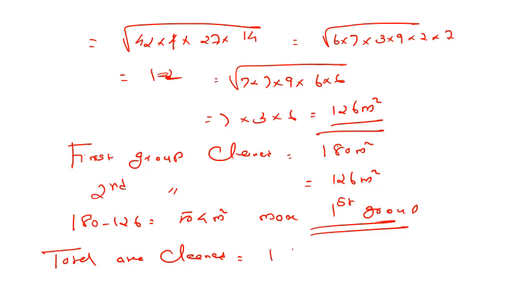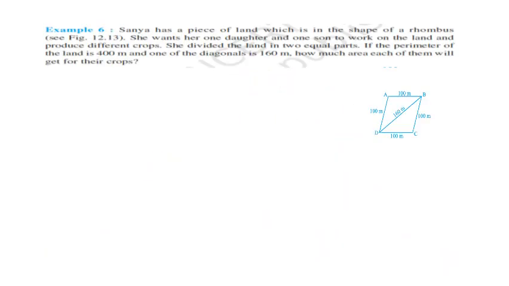Total area cleaned is equal to 180 plus 126. What is the answer? 306 meter square. This is the total area cleaned by the two groups.